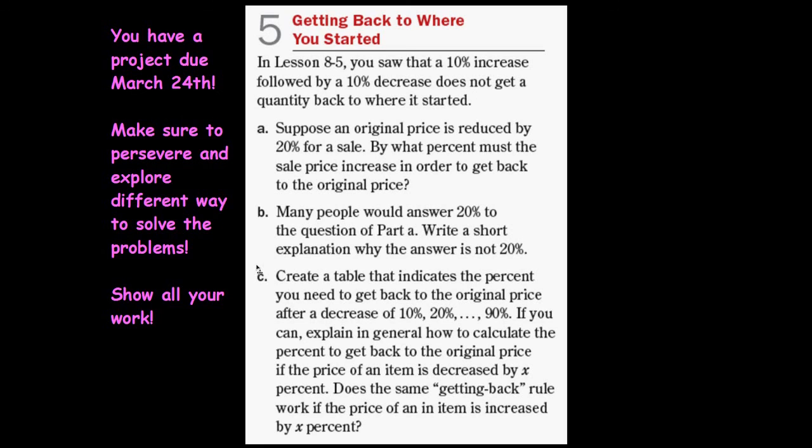And what I want you to do is really think about it and try to explain in general how to calculate the percent to get back to the original price of an item. If there's a pattern, see if you can figure out what to do if we have an X percent. That means just a sort of general rule.